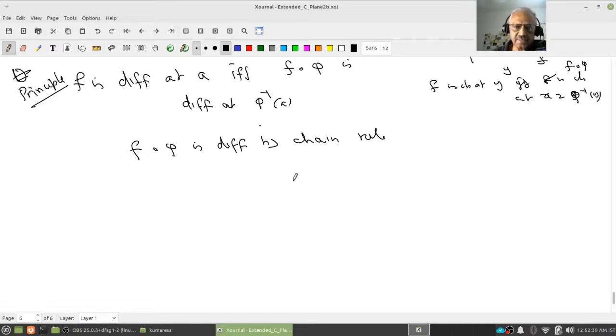Conversely, suppose f composite phi is differentiable at phi inverse a.